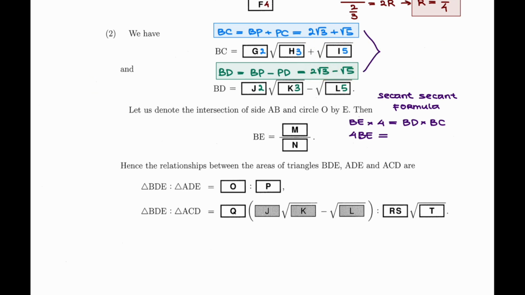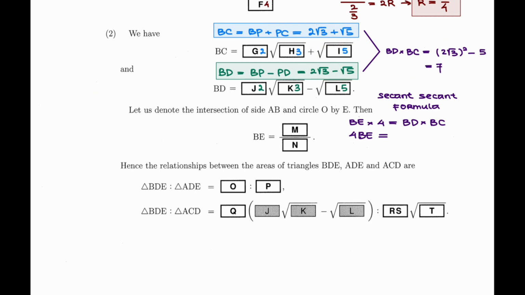BD times BC is equals to 2 square root of 3 square minus square root of 5 square. Square root of 5 square, I directly write down as 5. 2 square is 4, 4 times 3 is 12, 12 minus 5 you got 7.